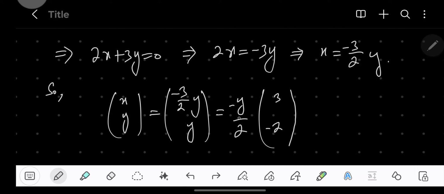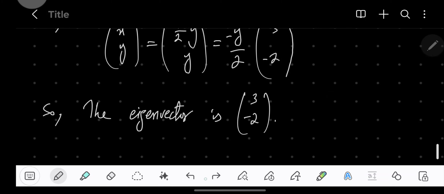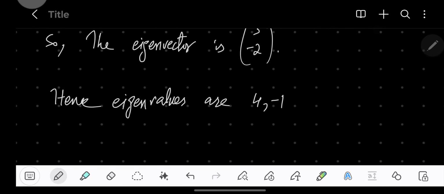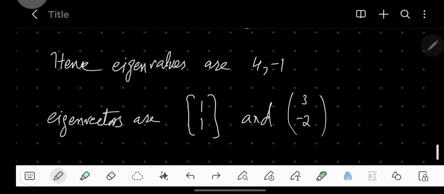Negative is also common, and here there is no negative, so I put negative. Y is common and divided by 2 is also common, but here we have no 2, so we have to multiply by 2. So the eigenvector is 3 comma minus 2. Hence the eigenvalues are 4 and minus 1, and the eigenvectors are this and this.